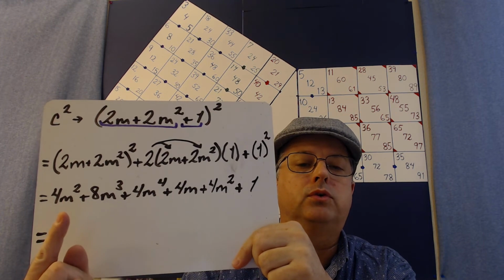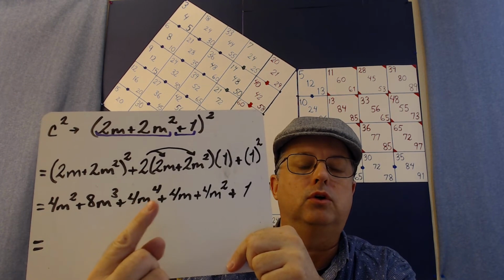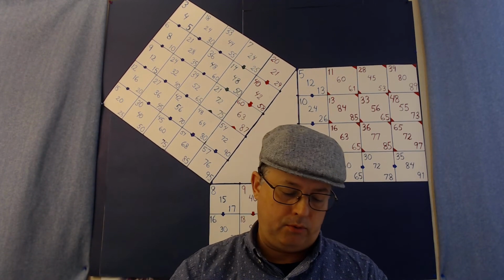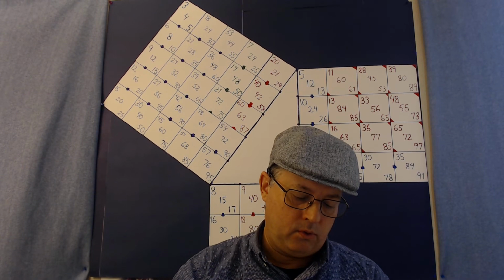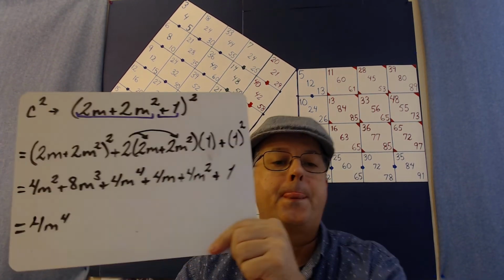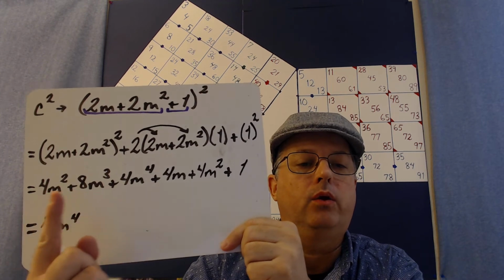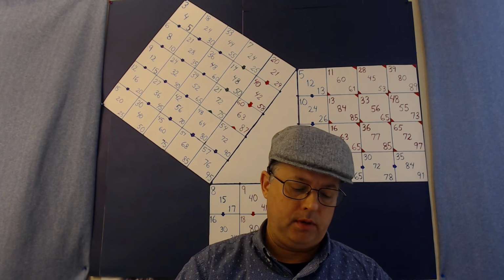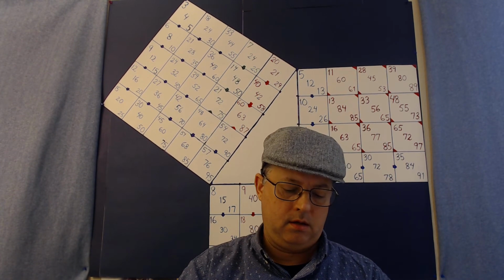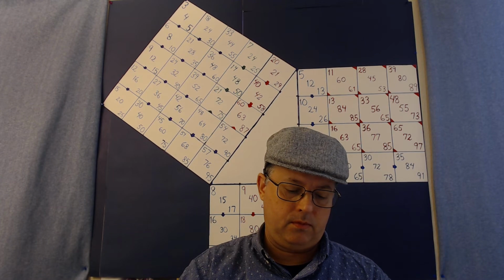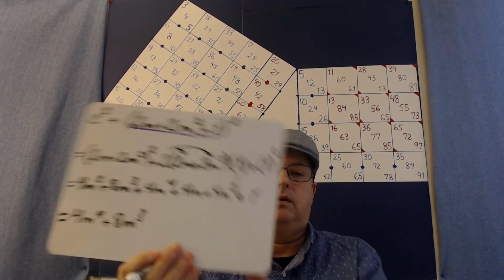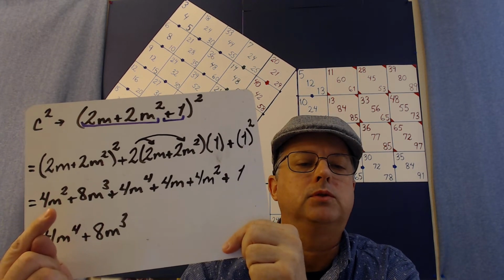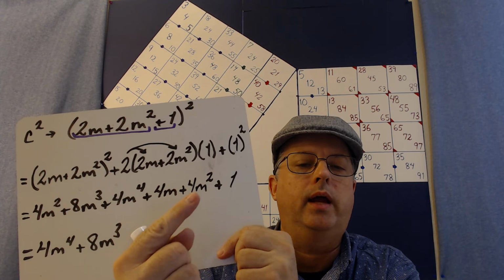And so now let's look for some like terms and put the terms in order. So here's this 4m to the 4th. That would be the highest exponent, so we put that first: 4m to the 4th. And then looking through here, we have an m to the 3rd, 8m to the 3rd. This is looking familiar, doesn't it? And then we have a 4m squared, another 4m squared, so that's 8m squared.